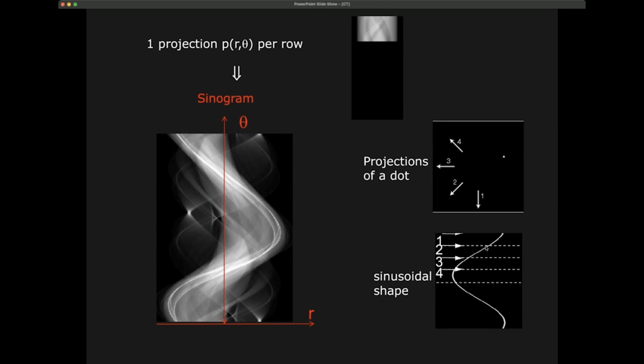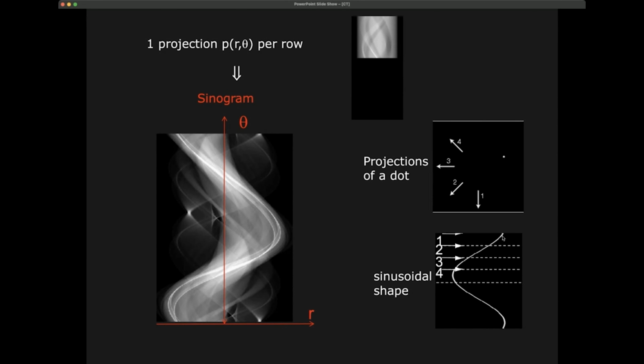That is around direction 2, maybe a little bit further. At the moment that the X-ray source is there, we see that the projection of that dot has moved more and more to the middle of the detector. And if we keep on rotating, then of course it moves in the other direction.